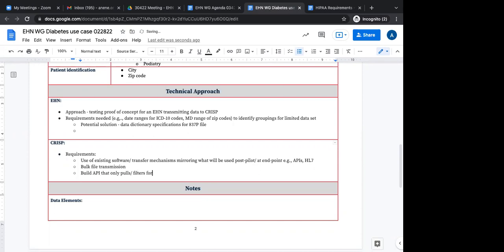Sure, yes. I understand that we're restricting this release to a limited data set because that doesn't require patient authorization. However, I'm not sure where the data use agreement would stand.